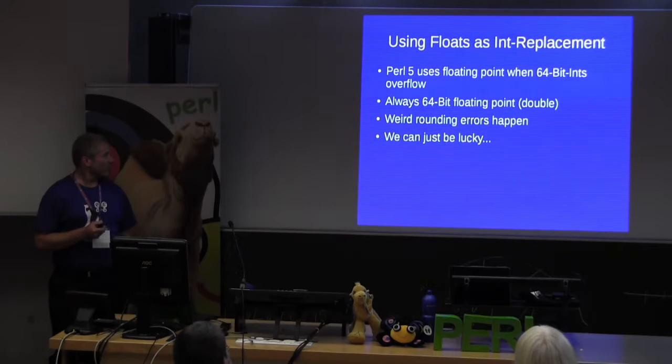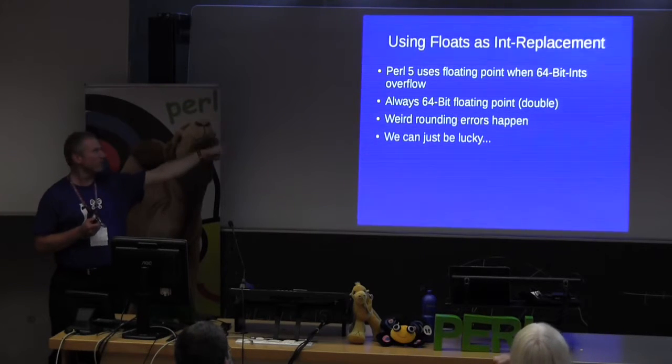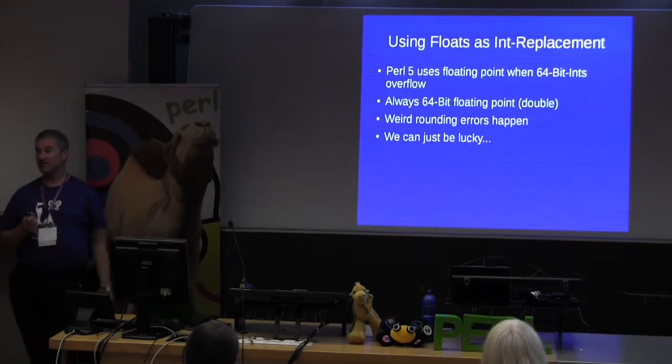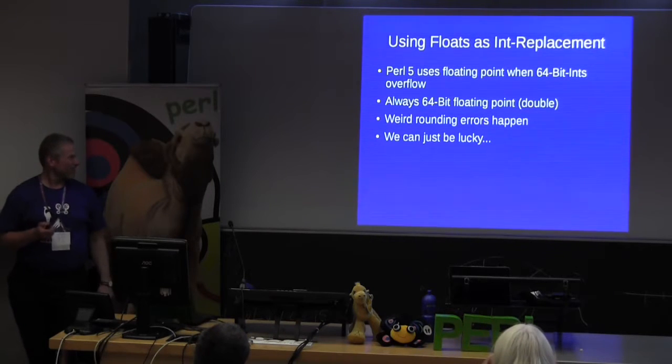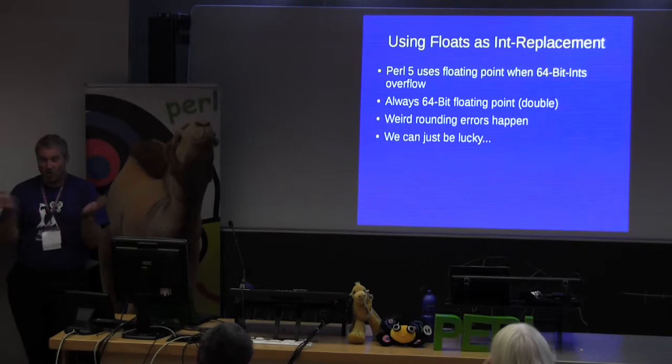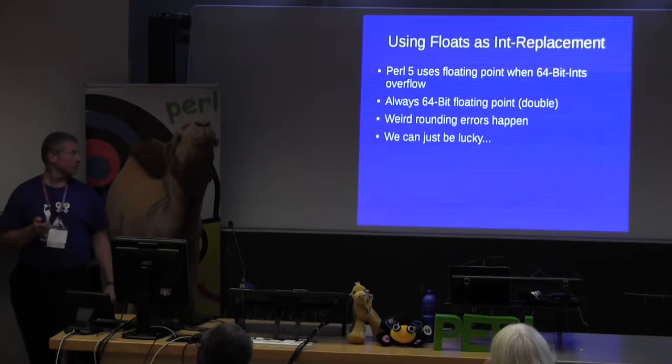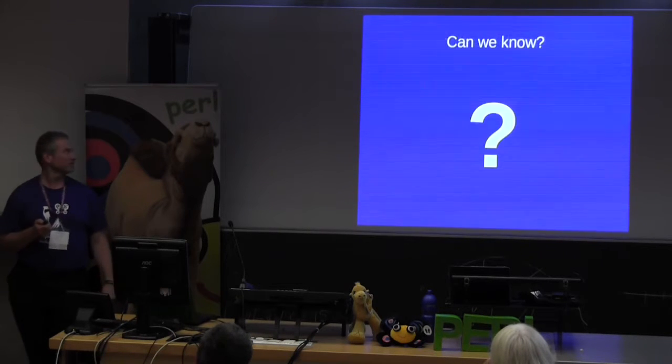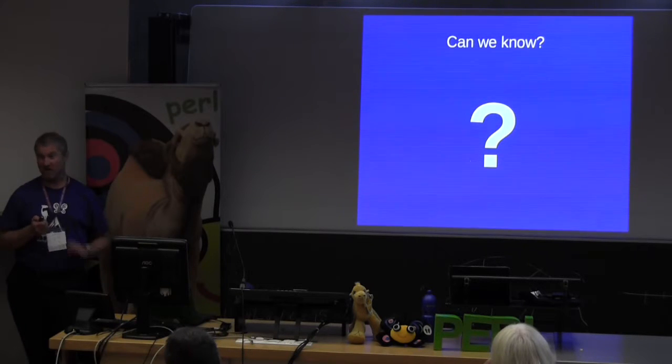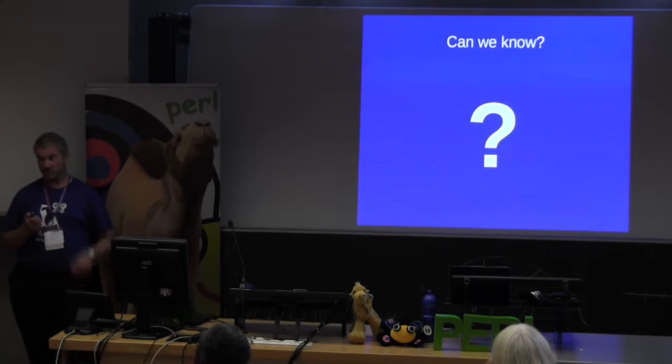So we can see we have 64-bit integers, and when that overflows, we fall back to 64-bit floating point. And it can go right or wrong, you can be lucky or not, so we should know, not just guess.